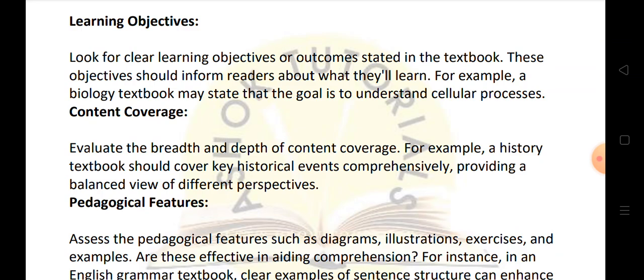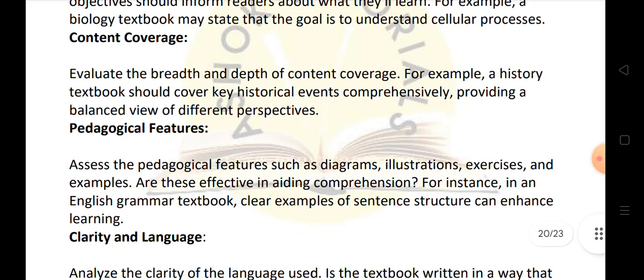These objectives should inform readers about what they will learn. Learning objectives mean what we are going to learn, comprehend, or understand by the end of the book, chapter, or topic. Those things need to be clearly mentioned in the box called learning objectives in the textbook.